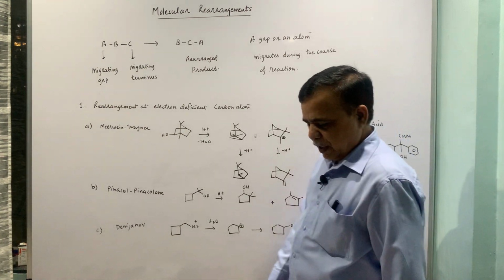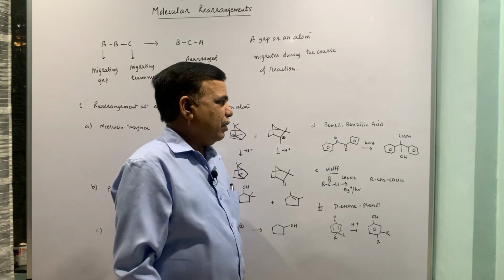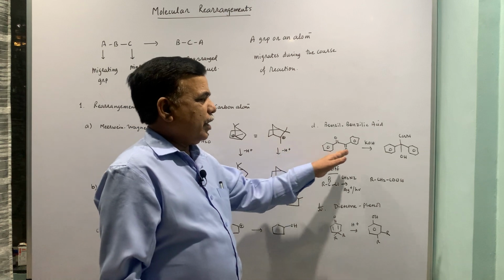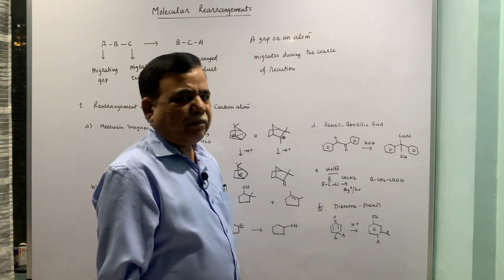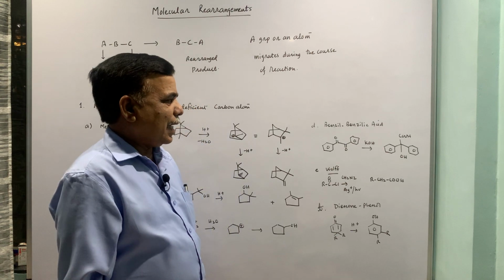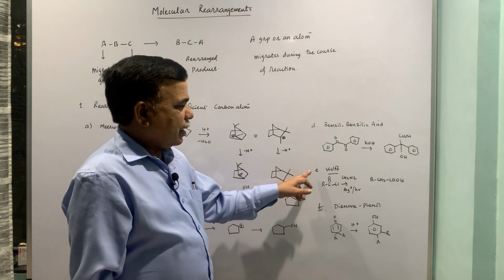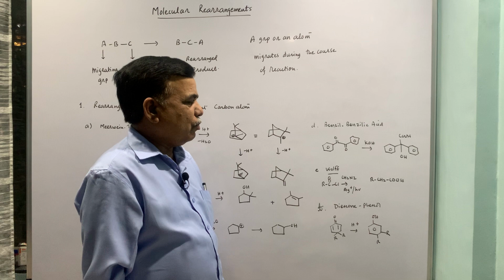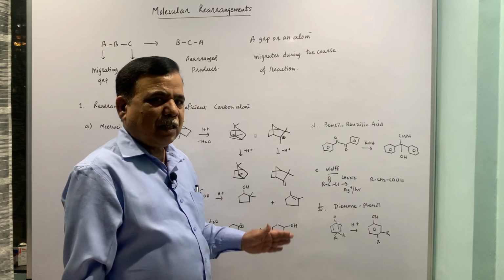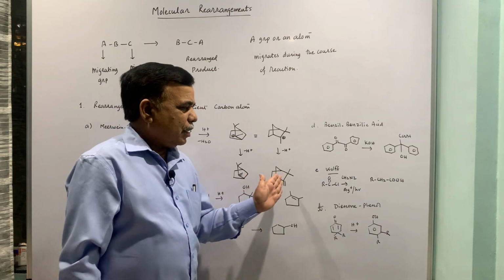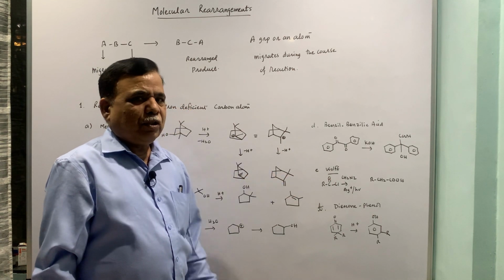Next one is the benzilic acid rearrangement, wherein a 1,2-diketone, when treated with base like KOH, gives the formation of alpha hydroxy acid. Then comes the important reaction, that is Wolff rearrangement, or this is also termed as Arndt-Eistert synthesis, when you are starting with an acid and going to the homologous acid.